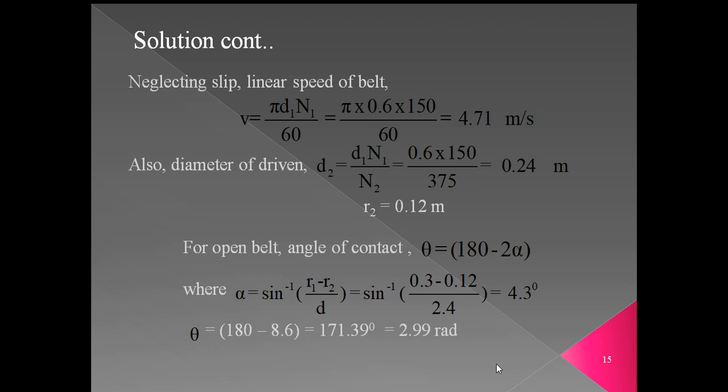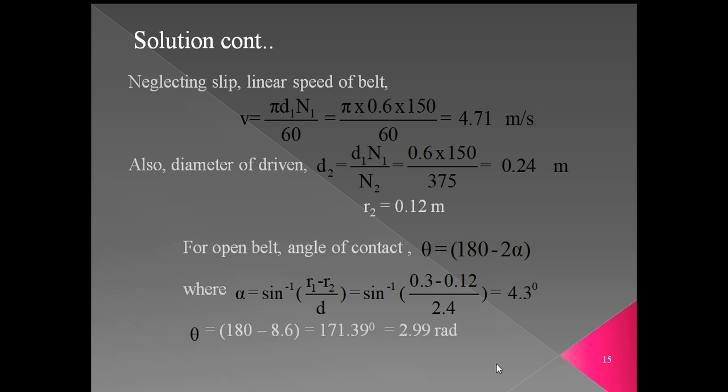So here, neglecting the slip, the linear speed of the belt V equal to pi D1 N1 by 60.